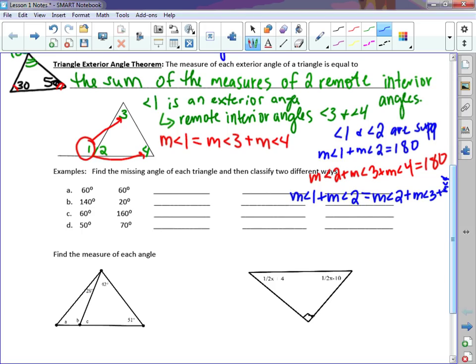Do you guys agree with that? What would be my reasoning for that one? Substitution or transitive, very good. Then what would I do from here? What can I do with this statement, this equation?